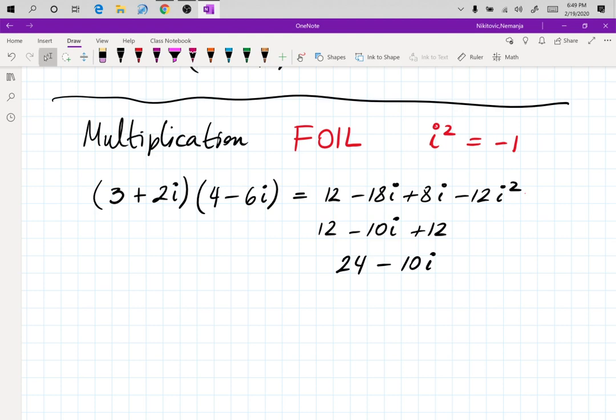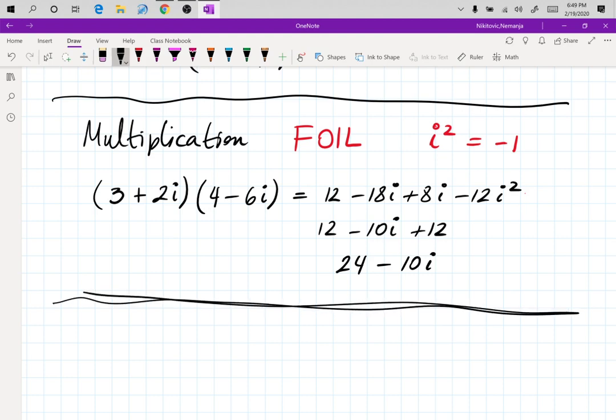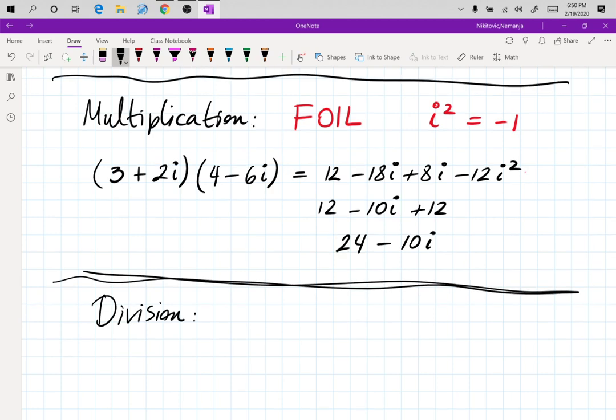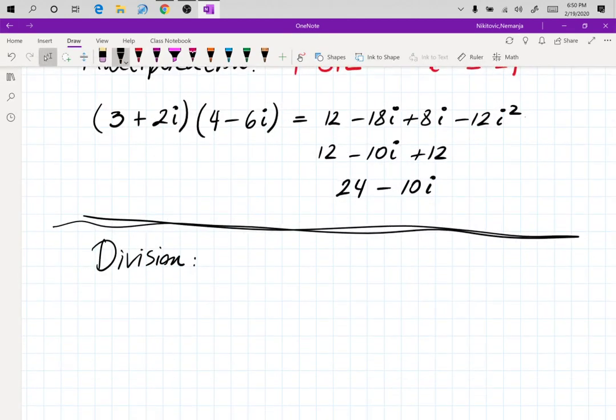Of course, it's math. I know. The next one is division of complex numbers. And this is where fun begins. How would you divide, let's say, 4 minus 2i by 3 plus, let's say, i?